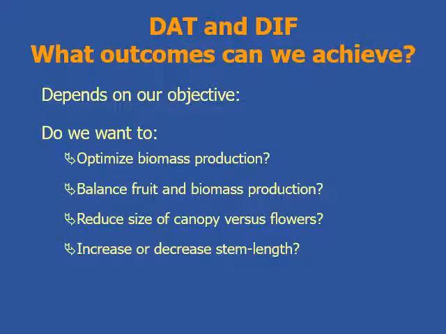Are we trying to get a perfectly shaped plant, or do you want to manage a balance between fruit and leaves, or do you want smaller leaves and bigger flowers, or a shorter or a taller stem length? For example, cut flower growers try to achieve certain lengths of stems for quality standards. So sometimes they have to stretch those stems, and they can use DIF to do that.